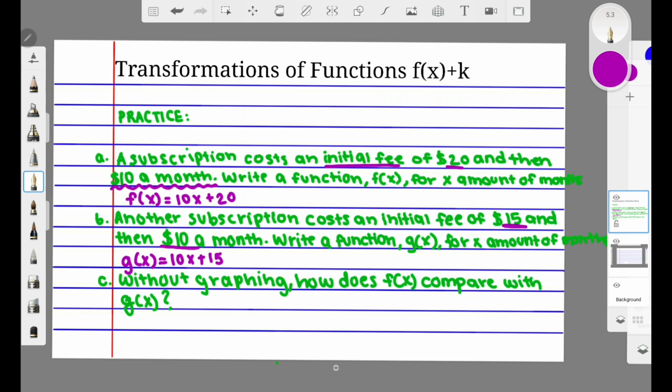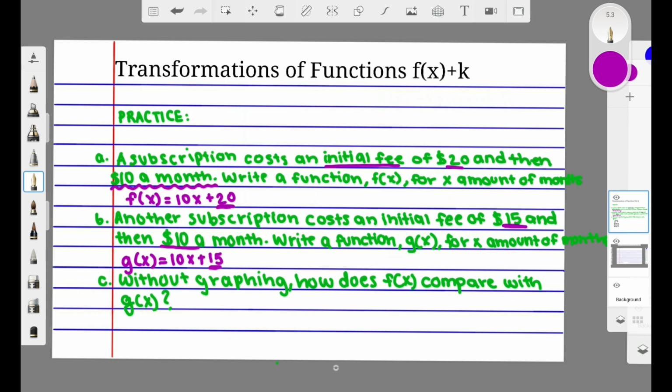All right, so how does f of x compare with g of x? We can see that the initial values, or the added values, are different. This one is 5 more. The first one, f of x, is 5 units above, you could think of.